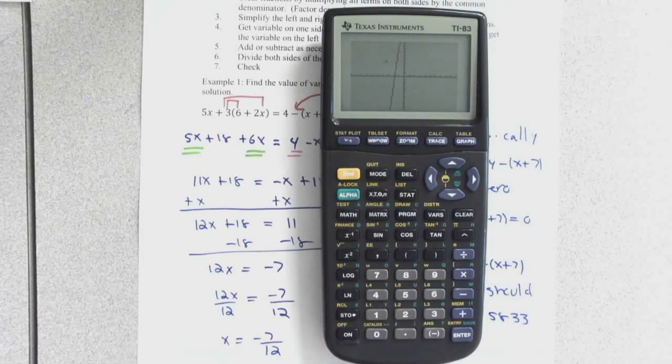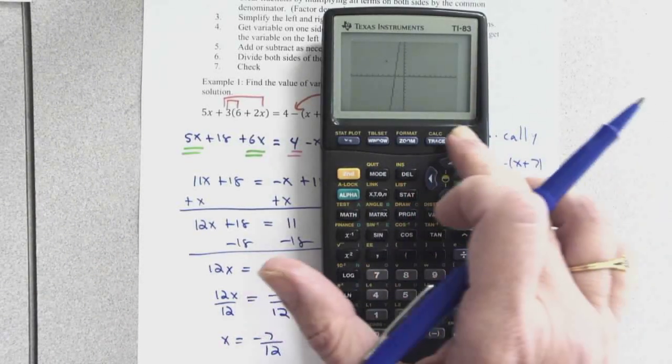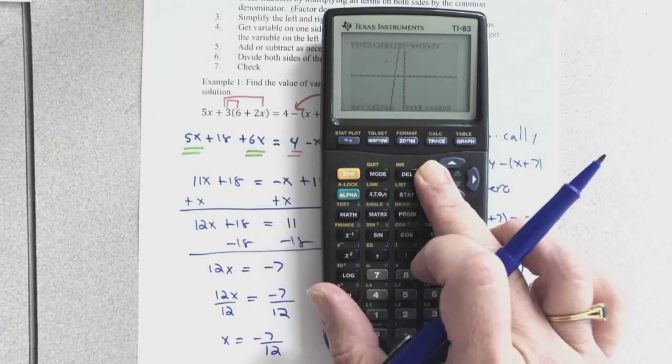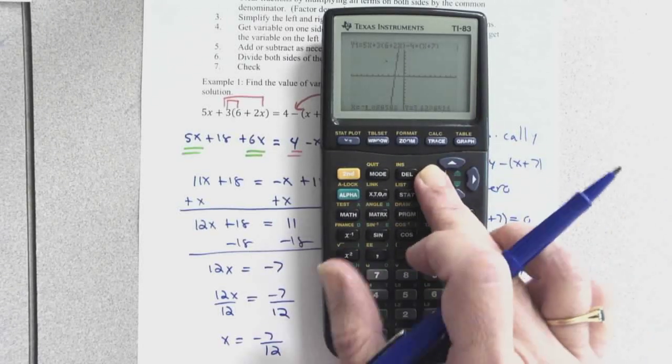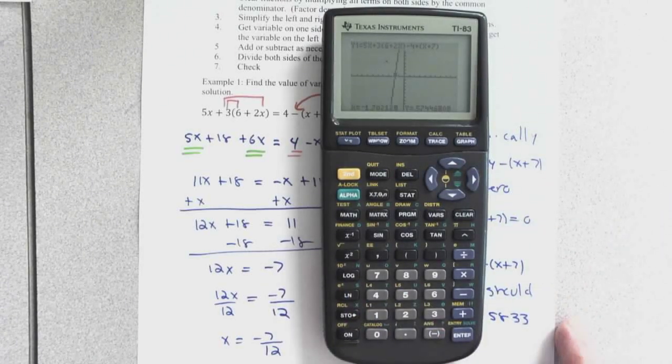We can do a trace, find that x-intercept. So trace, x-intercept, just start tracing until we see that little blinking cursor. And that's close enough. Well, maybe I am right.